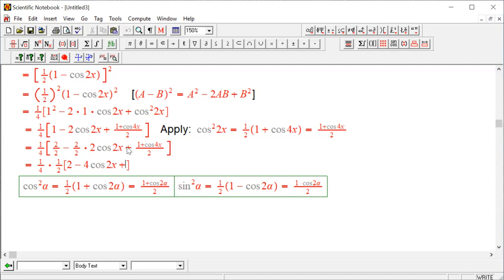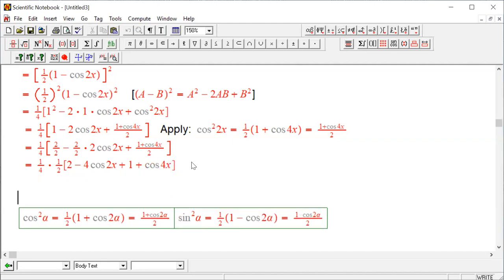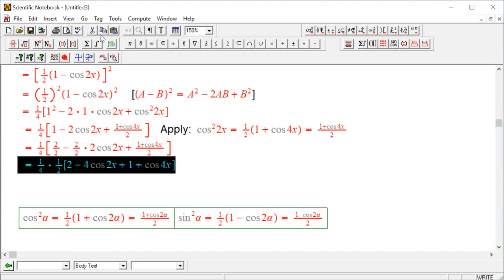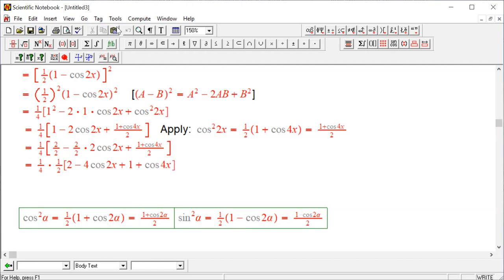Plus, on this piece, the denominator 2 is out, so we have 1 plus cosine 4x. Now we don't see power 2 anymore, so we are almost done. We just have to organize the terms.